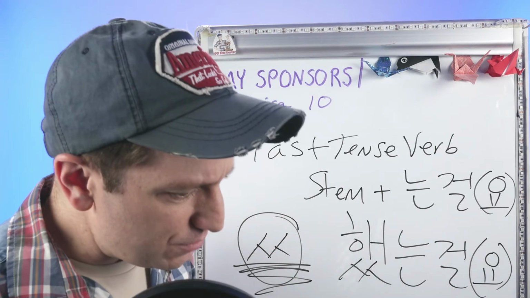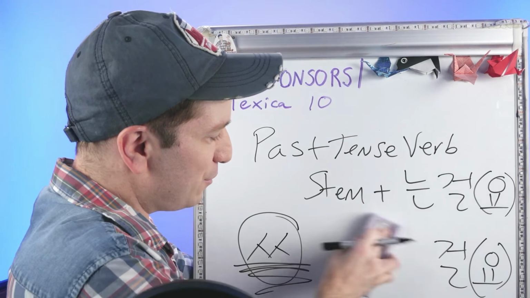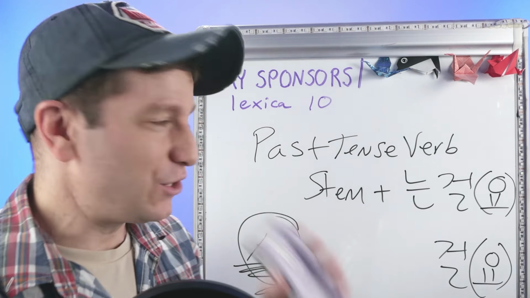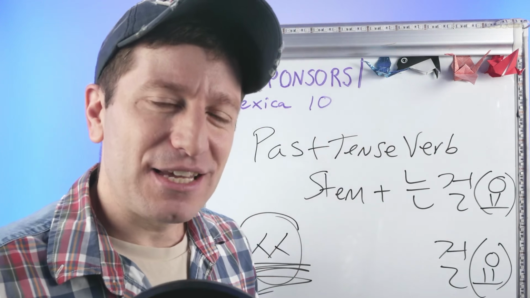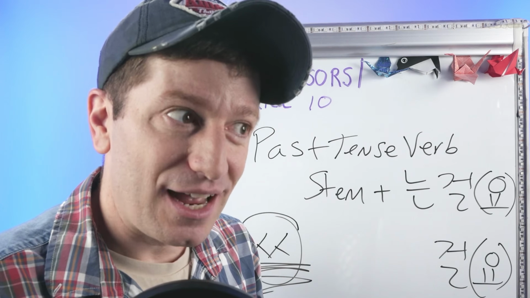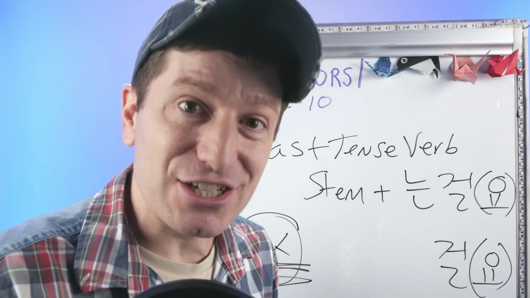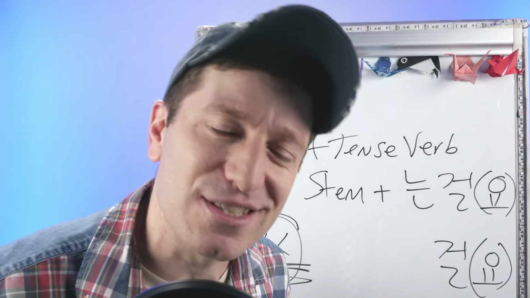And a lot of Koreans actually feel the same way. And you will see another version of this where Koreans will use the past tense adjective form instead. The reason is because for the regular form, we use the future tense adjective form. And for the present tense, we use the present tense adjective form. So the past tense should use the past tense. It doesn't. It uses the past tense stem.